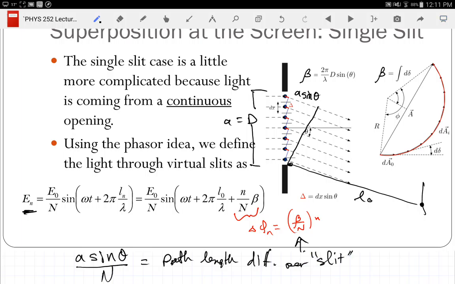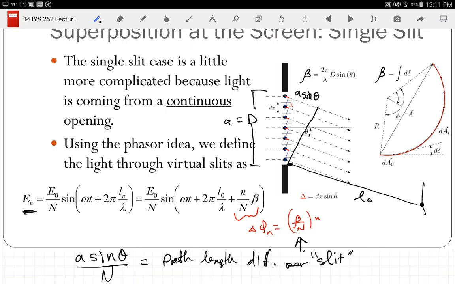So a sine theta over n is the path length difference per slit of these infinite number of imaginary slits I made. And beta is defined up there at the top. Beta is just taking that path length and multiplying by 2 pi over lambda to get it into a phase, to get into an angle.